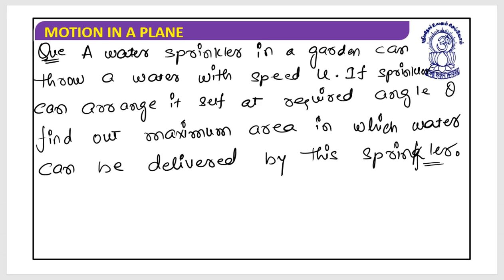The situation may be something like this: this is the water sprinkler that can be arranged with the horizontal by making an angle theta, and from here water can be delivered like this, with a certain speed u that they have given. This water sprinkler is going to rotate like this, maybe in clockwise or anti-clockwise direction, and it can cover the whole ground.